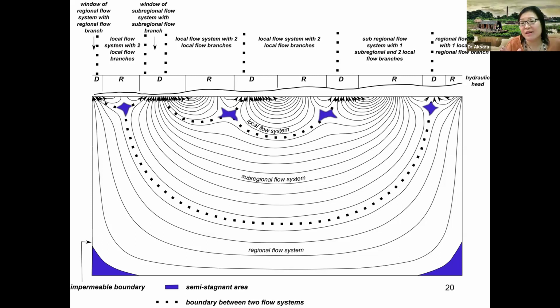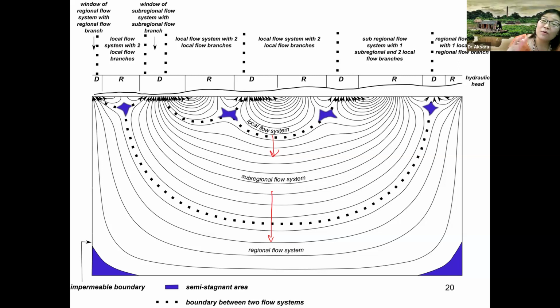But the larger the study area, just like when you upscale from local to sub-regional, and then from sub-regional to regional, from a smaller system to a medium-sized system and to a larger system, the picture gets less clear.